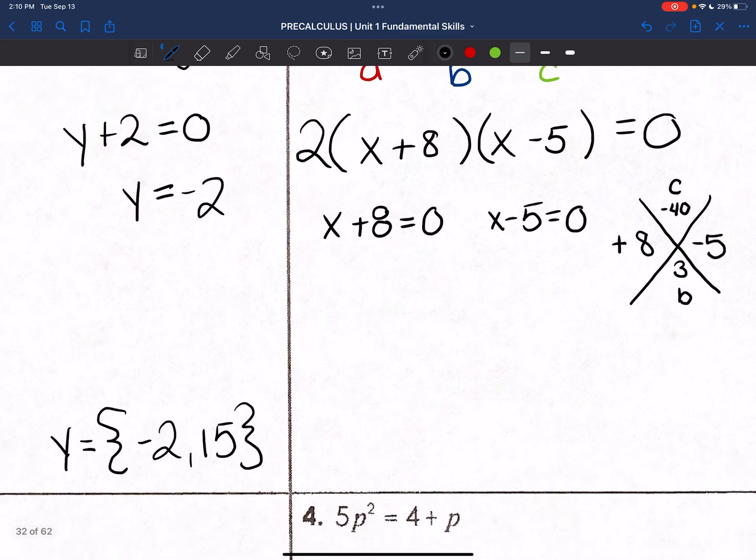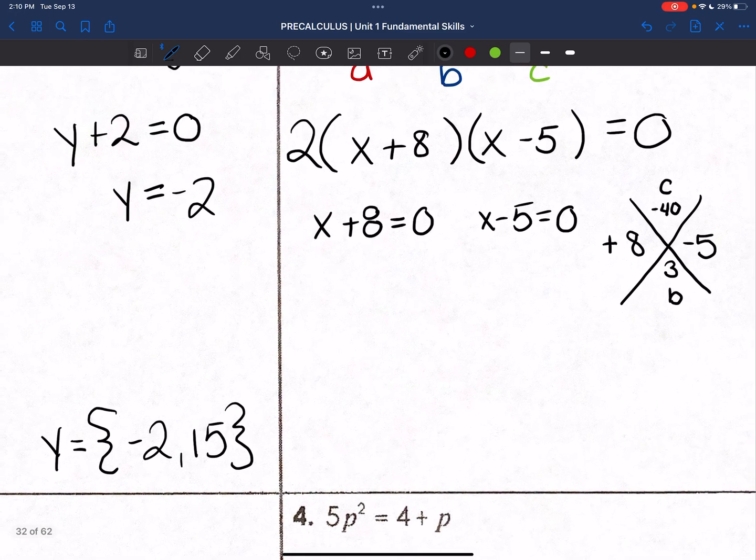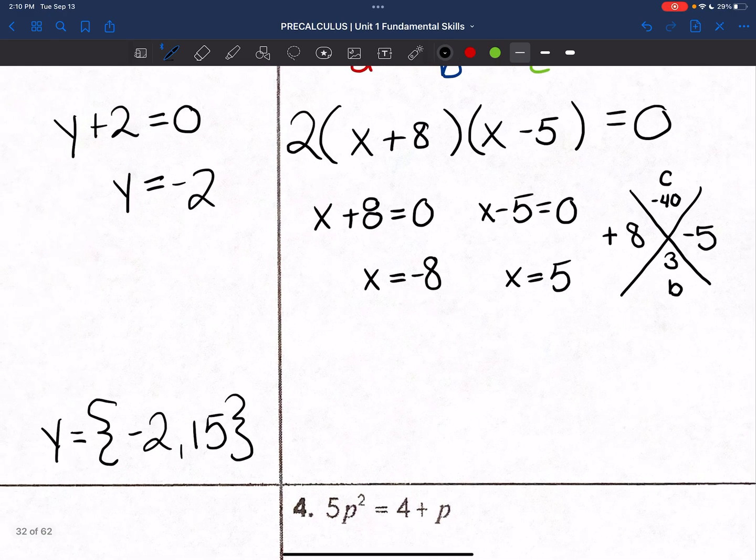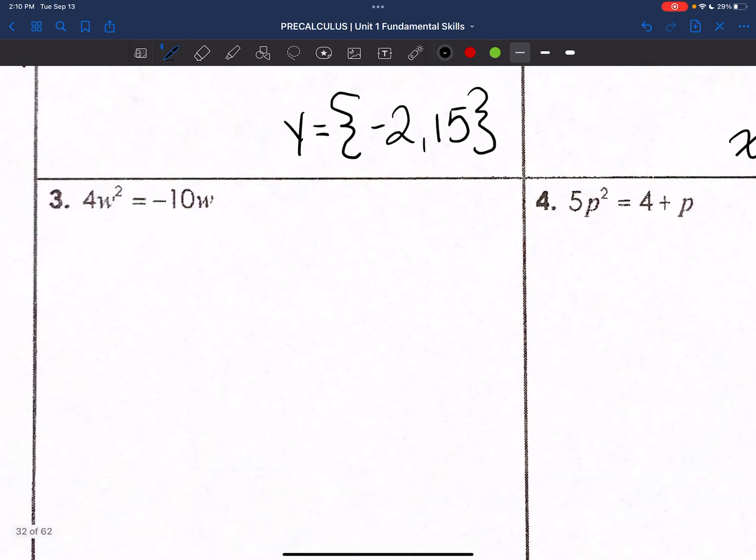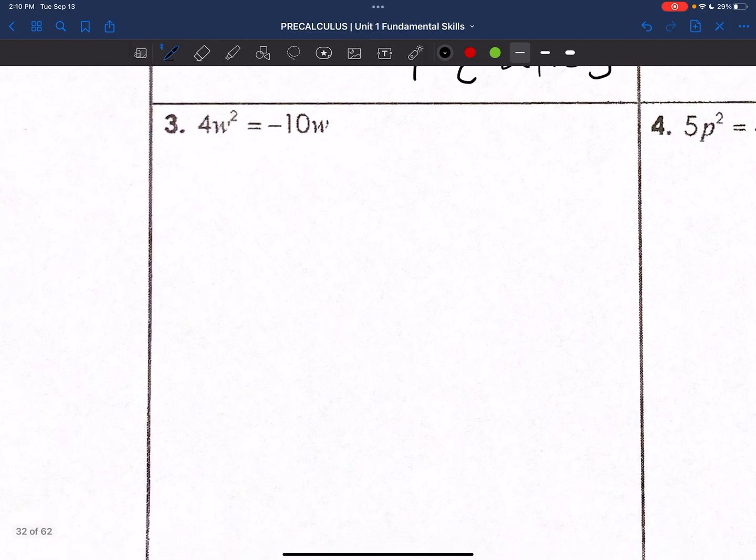What are those values of x, ladies and gentlemen, when we solve each of these? x would equal -8 and x would equal 5. So we'll write our solution set here that x is going to be the set -8 and 5. There you have it.